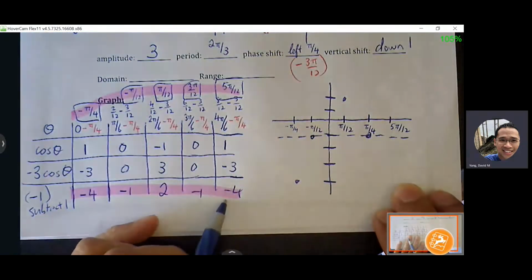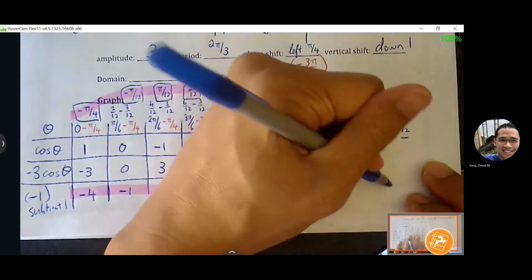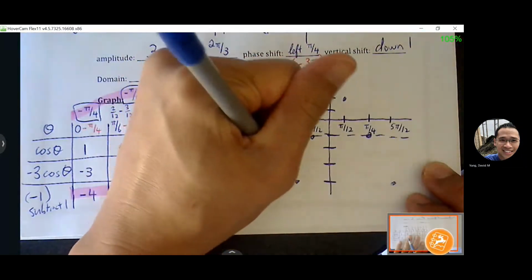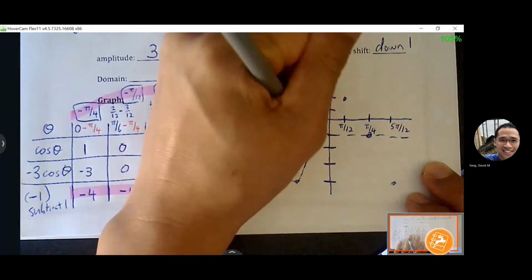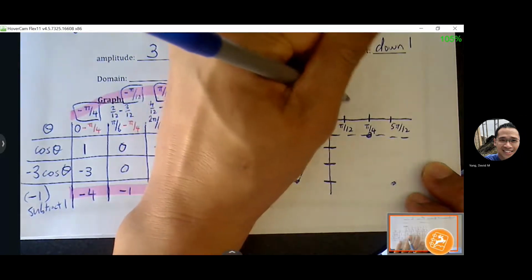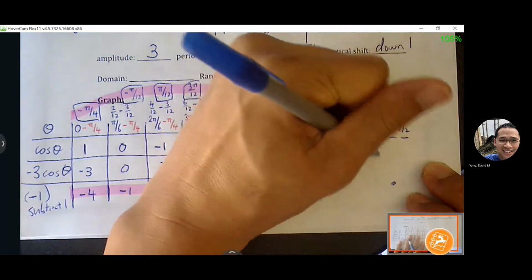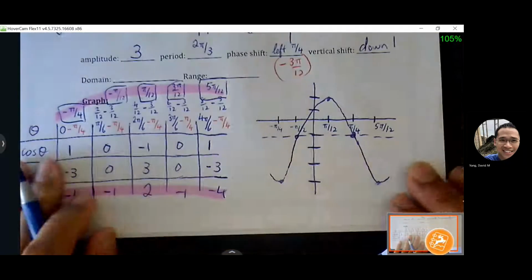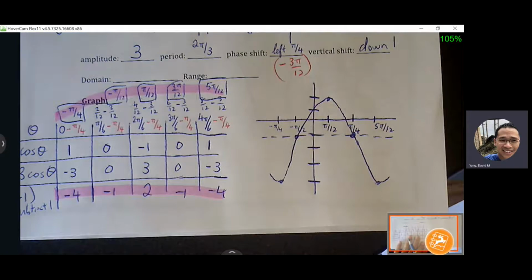And 5 pi over 12 back at the minimum. There's your cosine graph. It's been shifted, it's been moved, it's been reflected.